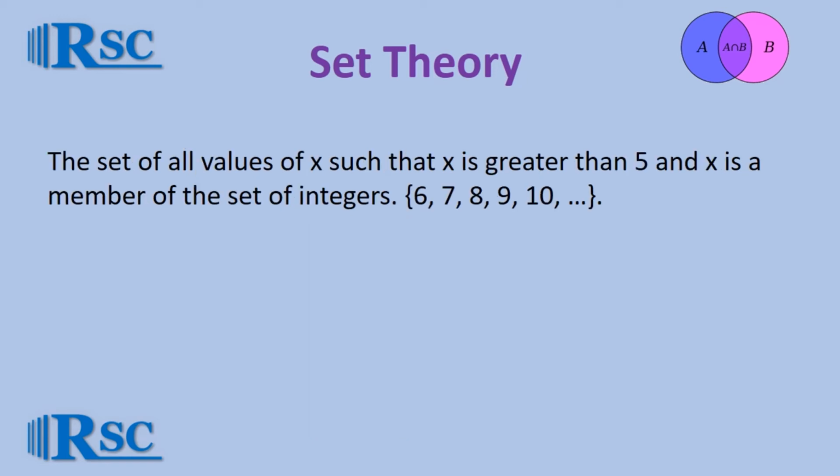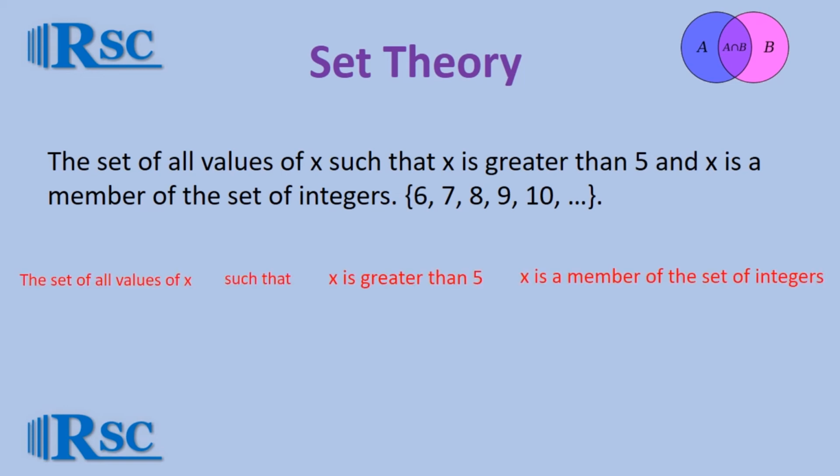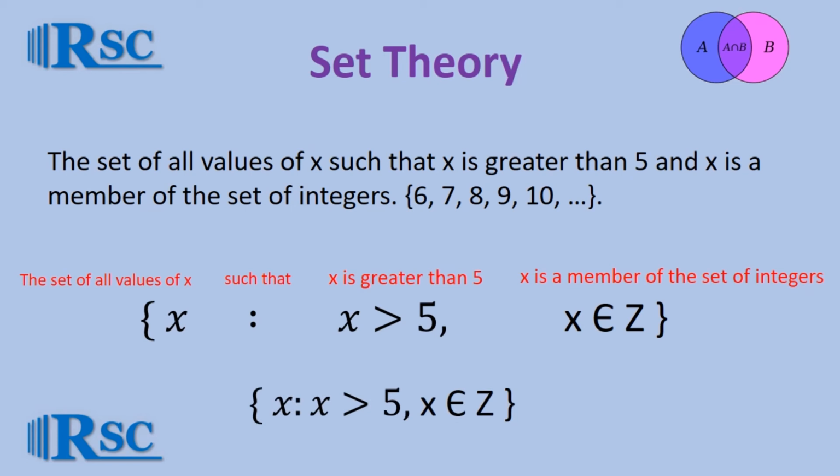So using set builder notation, we can describe elements like this: the set of all values of x, such that x is greater than 5, and x is a member of the set of integers. And so the set builder notation for this is shown: the set of all values of x, such that x is greater than 5, and x is a member of the set of integers.